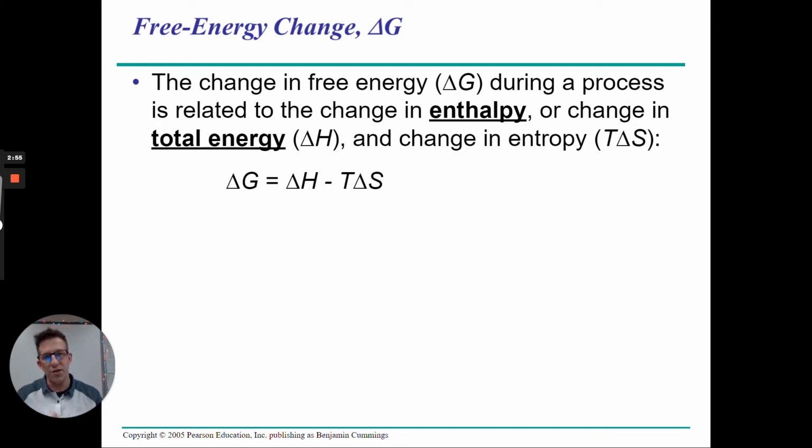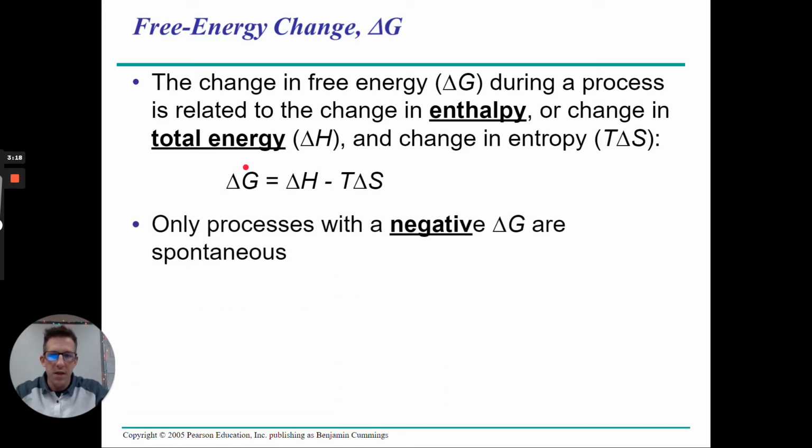The change in the total energy is not necessarily difficult to measure, but the change in entropy sometimes can be. Regardless, we don't need to know a whole lot about it other than the fact that these things contribute to the amount of free energy of a system.